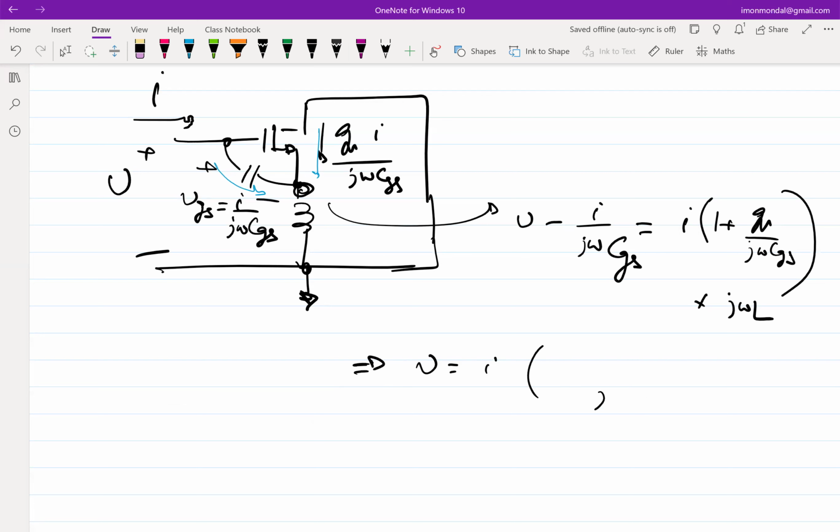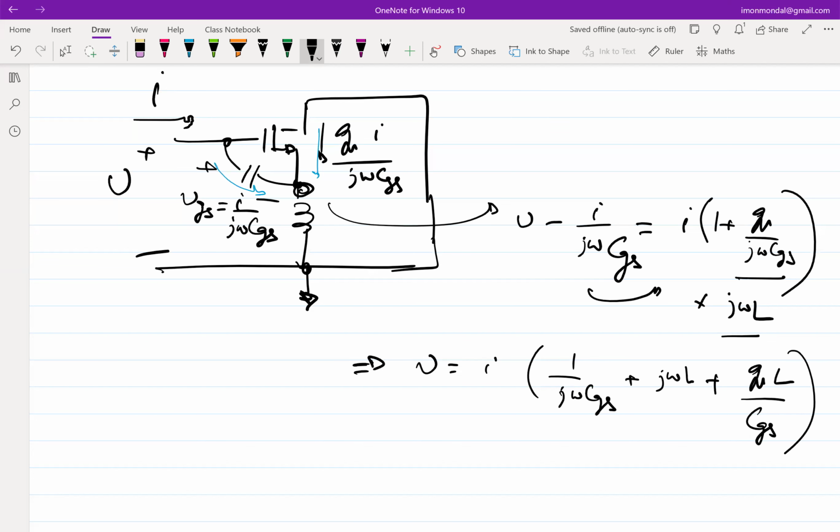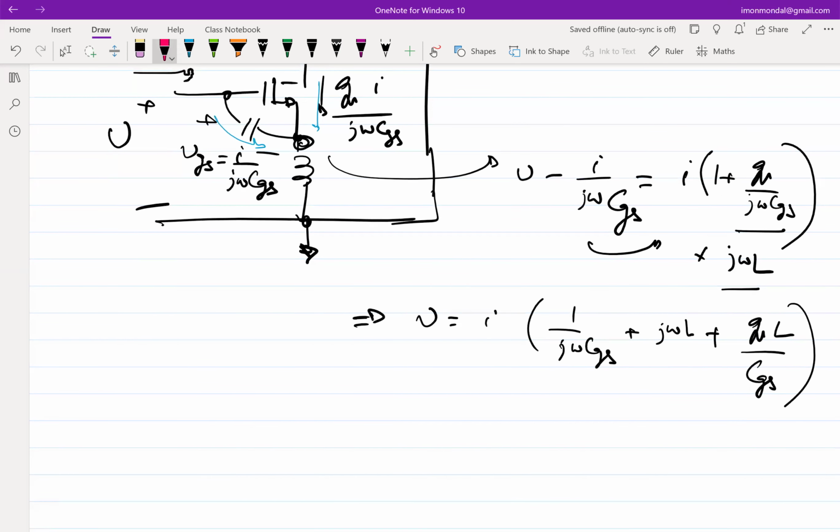This guy comes in, becomes 1 by j omega CGS plus j omega L, plus this term gets multiplied with this term, you get GM L by CGS. Right? So clearly you get a positive real term without the use of any explicit resistor.